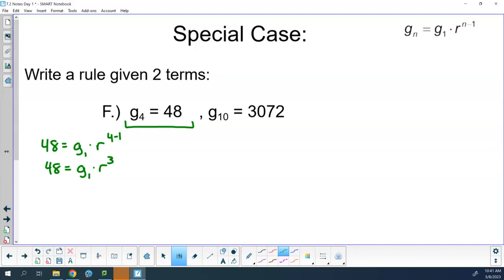Yeah, because it's the lower term number. So we can just solve this one right away and say this is really that, right?